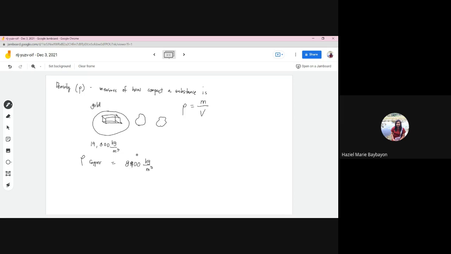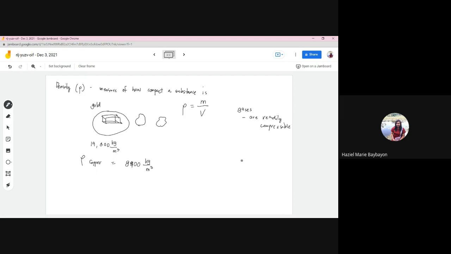But there are also materials that have a density that varies with temperature. Say for example, gases. So gases are materials or substances that are compressible. Readily compressible. So what does this mean?